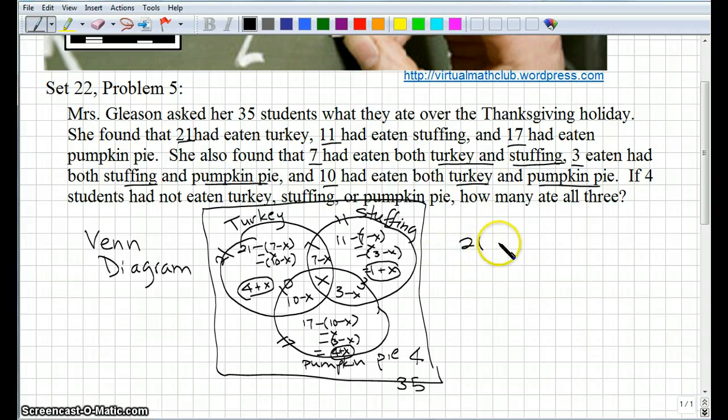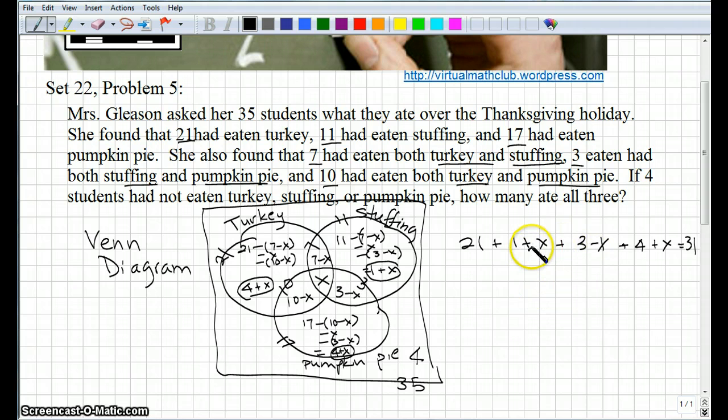I have 21 plus 1 plus x, and then plus 3 minus x, and then here I have plus 4 plus x. And I know that has to equal 31. So let's simplify this.